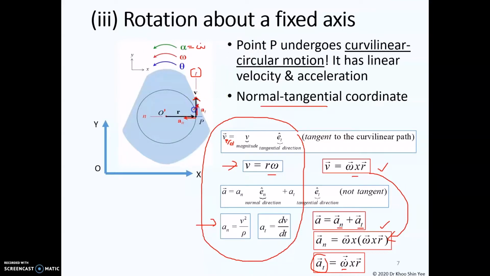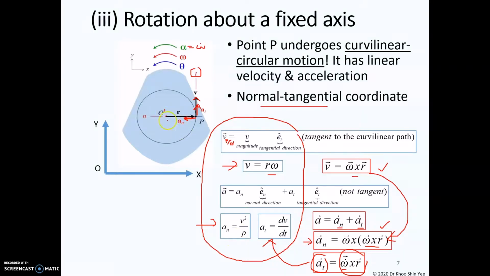So you have the tangential acceleration here, which is equal to alpha crossed with the r, which is the change of the magnitude of the tangential velocity with respect to time. On the other hand, the normal acceleration is here, which is equal to omega cross in the bracket of omega cross r. It means that you need to perform the omega cross r inside, then only you perform the omega cross v here.